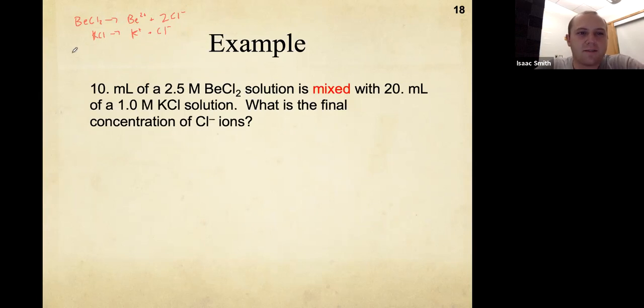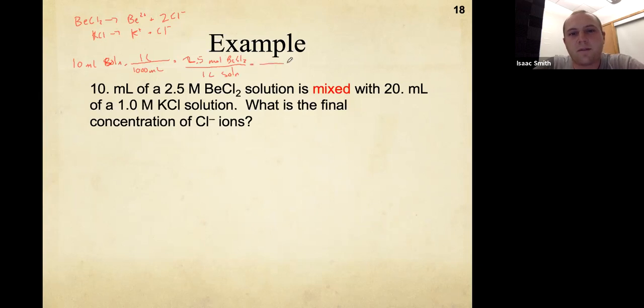So I can say I have 10 milliliters of solution, and I convert my milliliters to liters, and I multiply by the molarity, which is 2.5 moles of beryllium chloride over 1 liter of solution. That gives me moles of beryllium chloride.